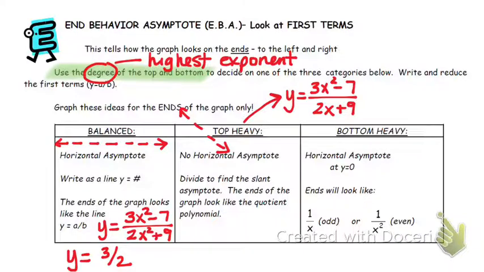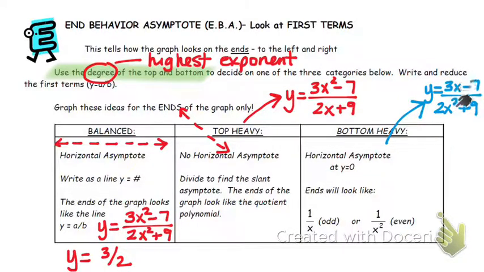Now, bottom heavy, that means that the highest power is in your denominator. So going back, for example, you would have y equals 3x minus 7 over 2x squared plus 9. See, all I'm doing is changing the exponents from each example.